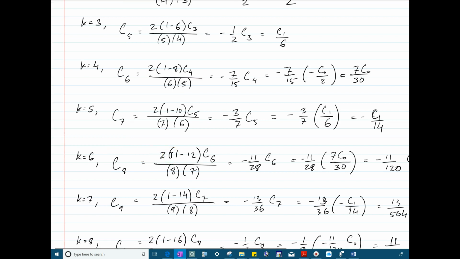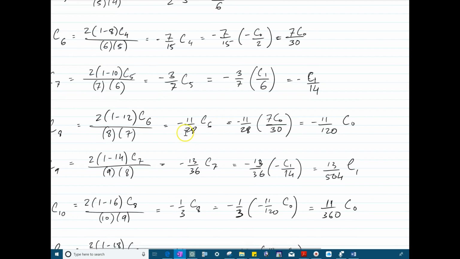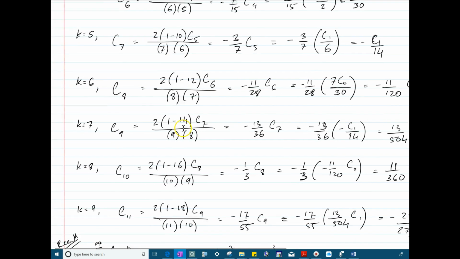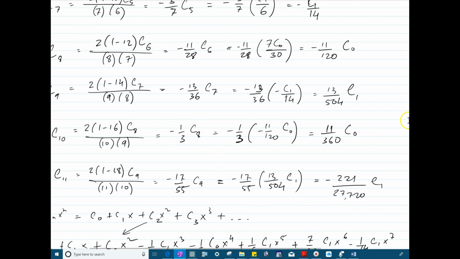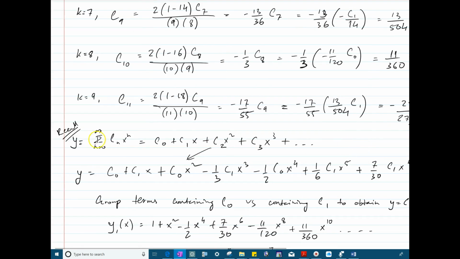And once you do all of that, you get all of those k's with the corresponding c's. So everything is represented in terms of C0 and C1. Once you have that, recall our equation was y equals the summation from 0 through infinity of c sub n x to the n. If you expand, it looks like this.